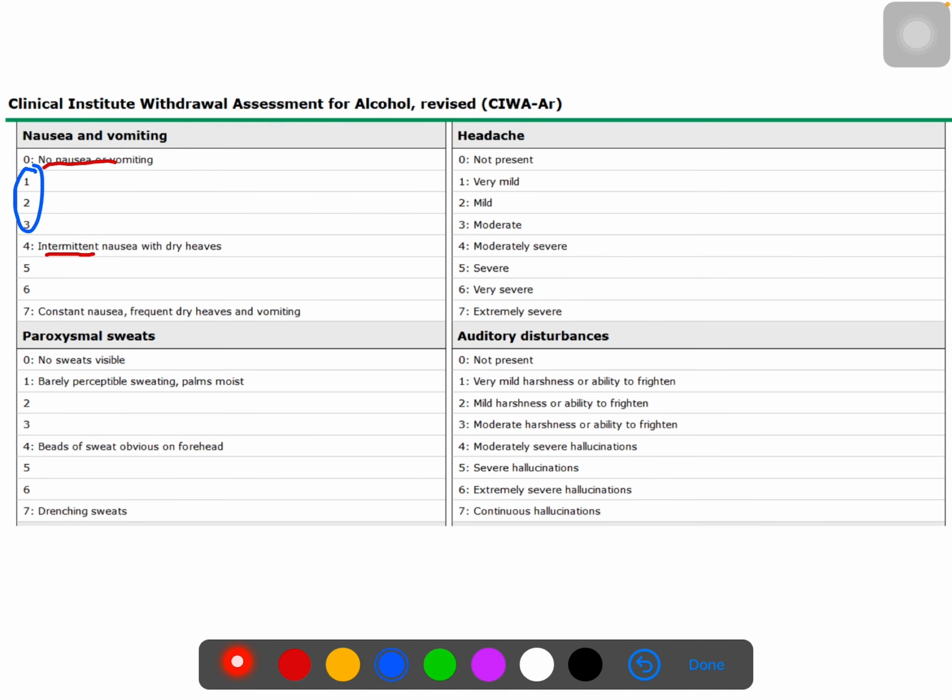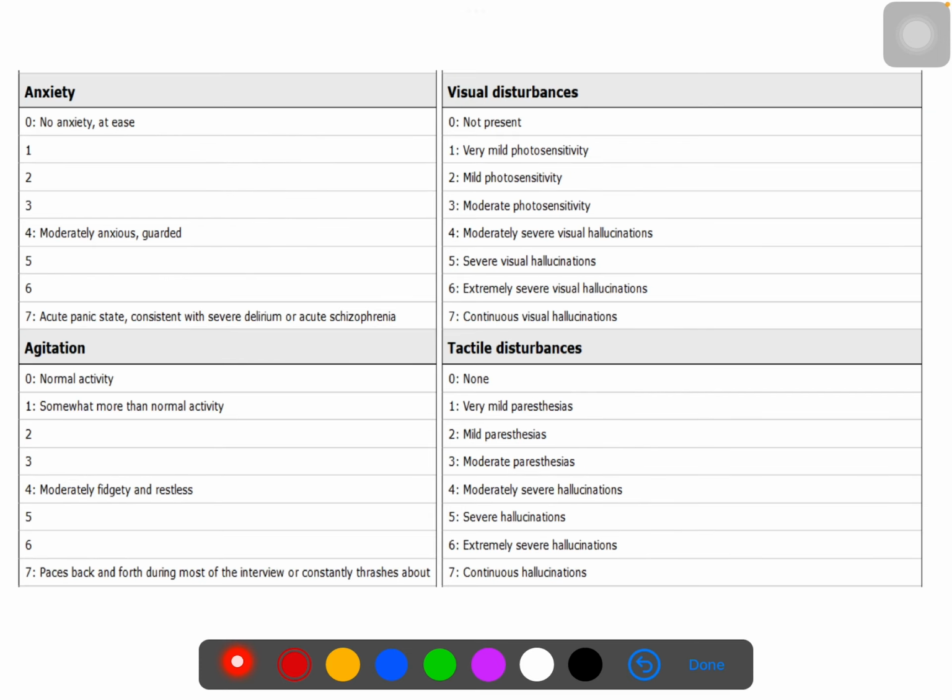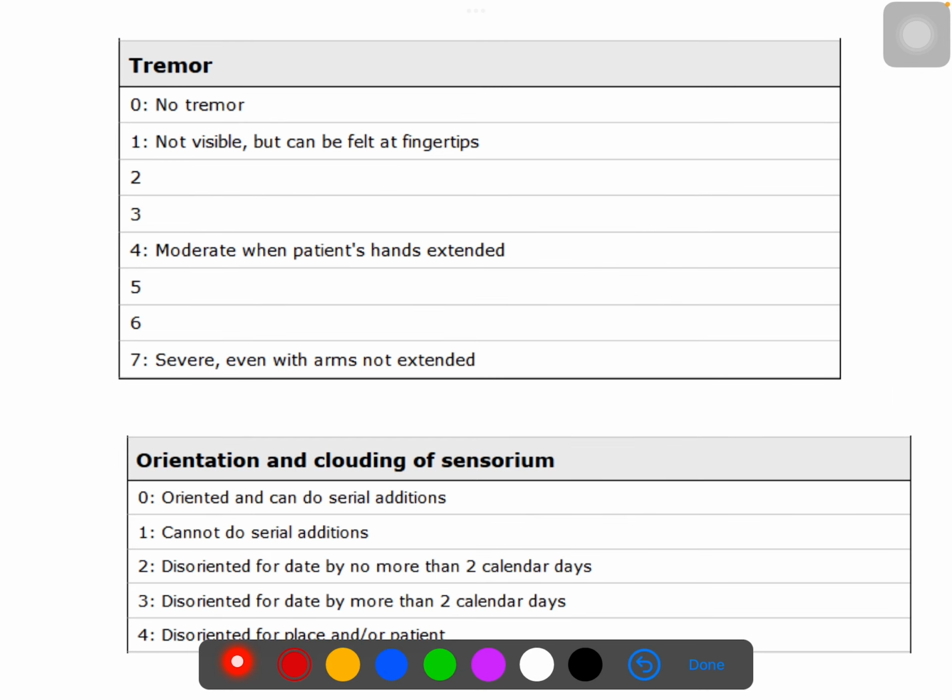Rather than remembering all these things, we just have to know these parameters: nausea and vomiting, headache, paroxysmal sweats, auditory disturbances, anxiety, visual disturbances, agitation, tactile disturbances, and tremor, and in grade 4, orientation and clouding of sensorium. So the maximum can be 67.